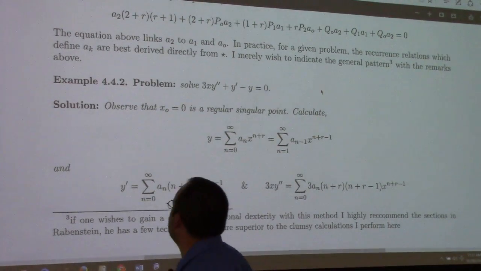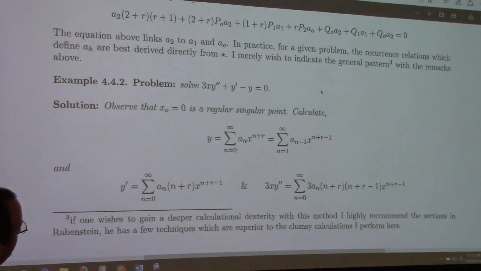All right. So 3x y prime prime plus y prime minus y is a regular singular problem. It's pretty nice actually. I don't even have an x squared here, so it's a fairly tame singularity, I think, as they go. But anyway, we can work it out. So like I said, x equals 0 is a regular singular point.